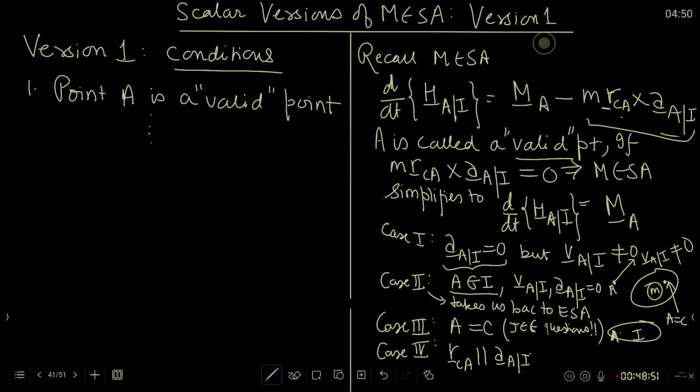You choose point A such that the position vector of C, measured from A, is always parallel to the acceleration of A with respect to I. In that case also it will vanish.